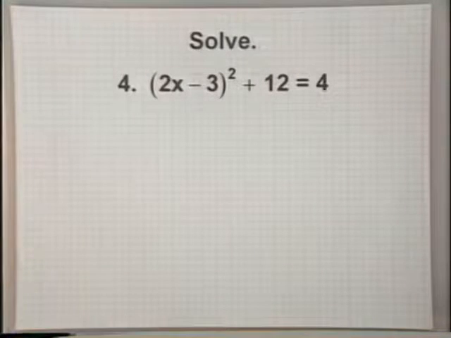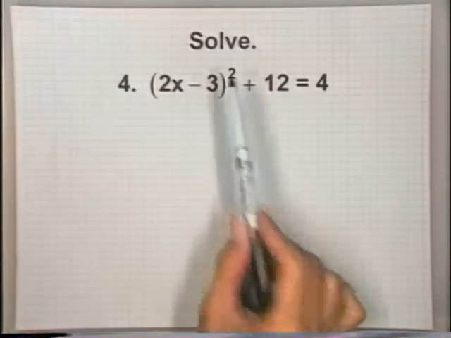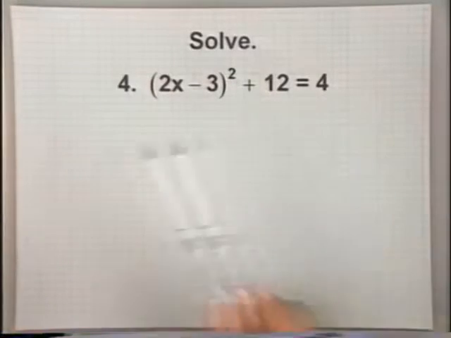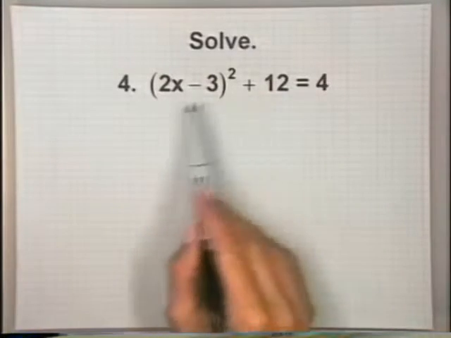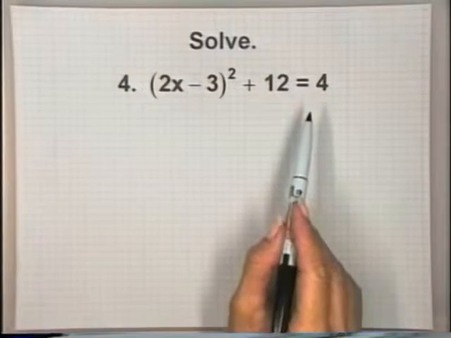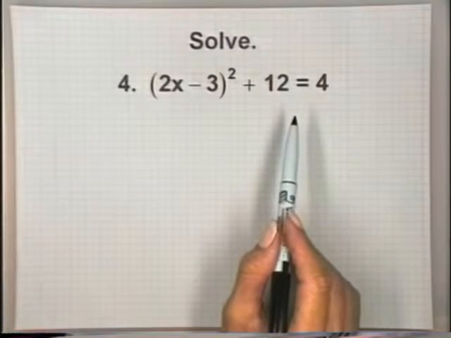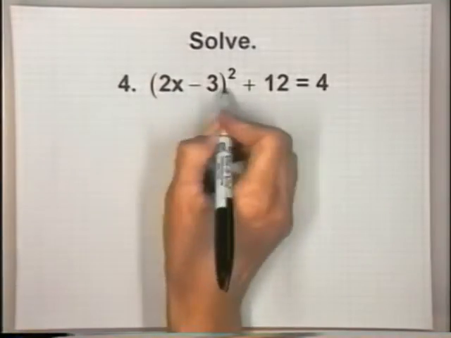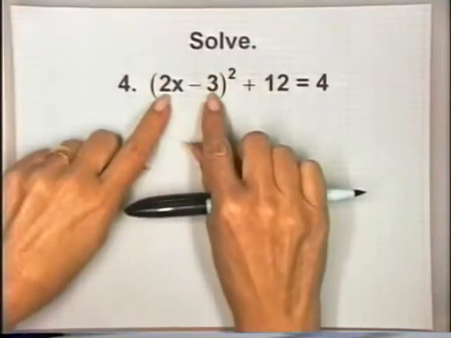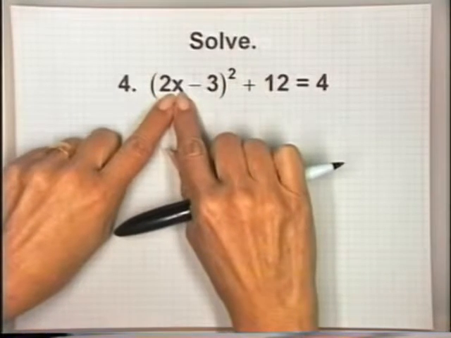Problem number 4 says solve. Notice what I have. I have 2x minus 3 squared plus 12 equals 4. This is one of the few types of quadratic equations that I would not write in standard form. I would extract roots. Notice what I have here. I have a binomial squared. My first term is a linear x term.